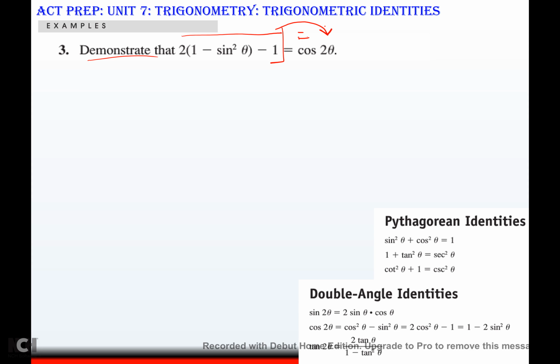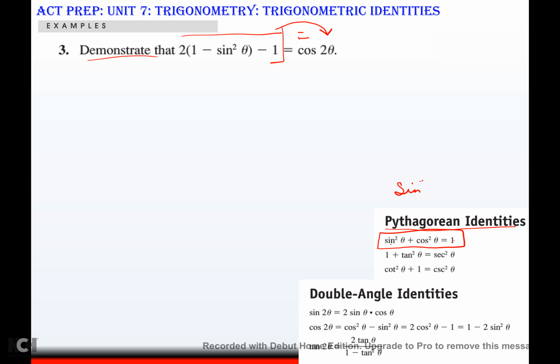So I'm looking at my different trig identities, and I know I've seen something like this before. Anytime you see sine squared, go to your Pythagorean identities and see what you got. Well, I don't have 1 minus sine squared anywhere, but I've got a formula that has 1 and sine squared in it, so maybe I can make it look like that.